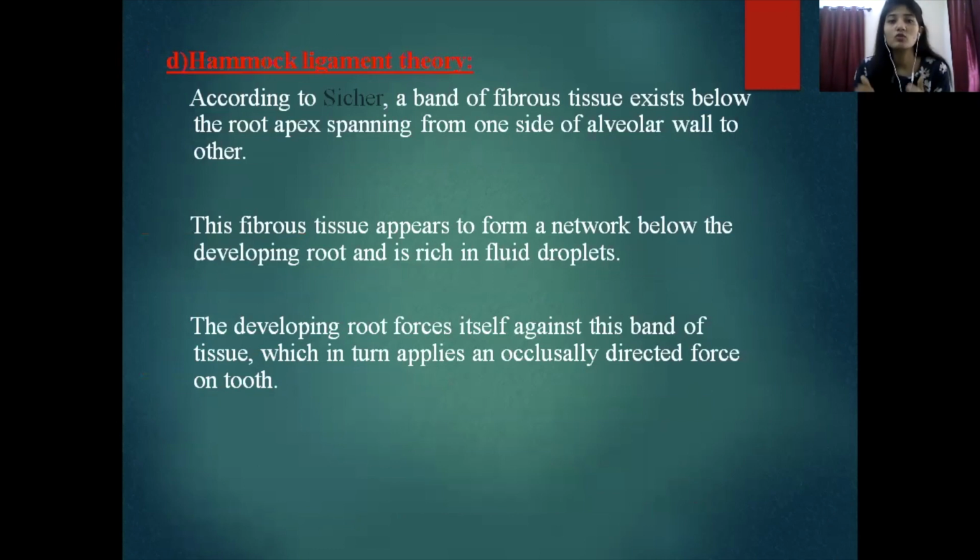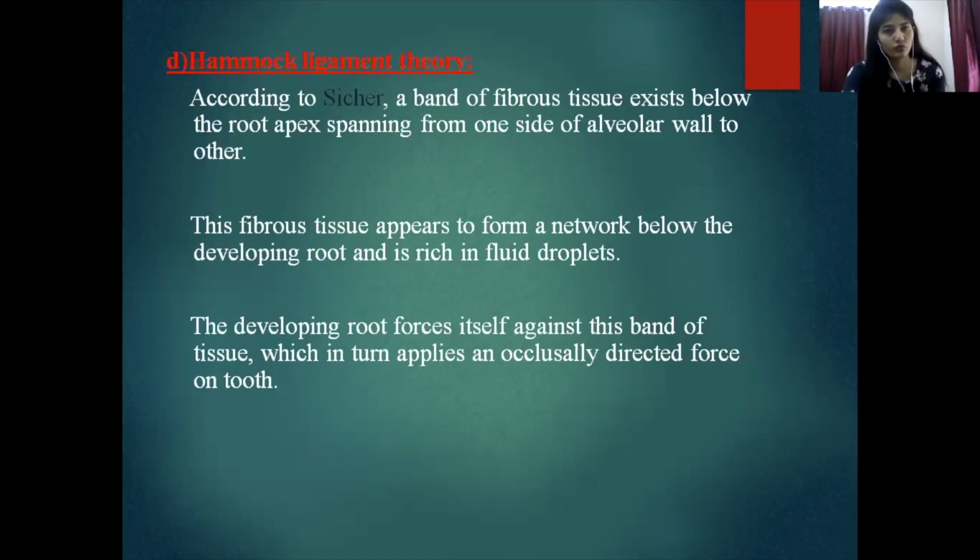The developing root forces itself against this band of tissue, which in turn applies an occlusally directed force on the tooth. So the bulk beneath the apex of the tooth helps the tooth to erupt. This is all about the hammock ligament theory.